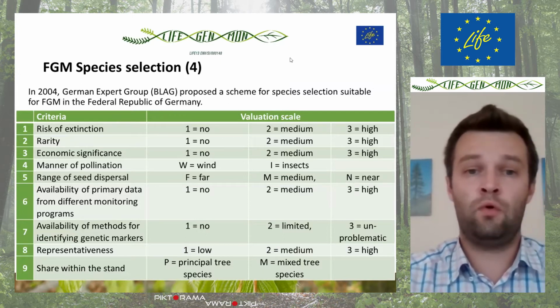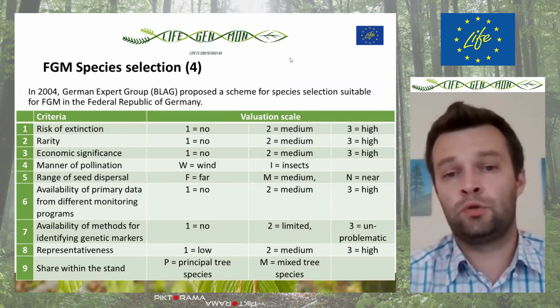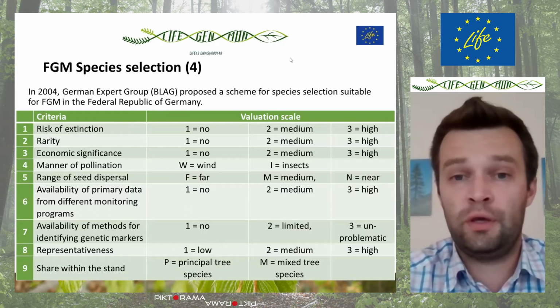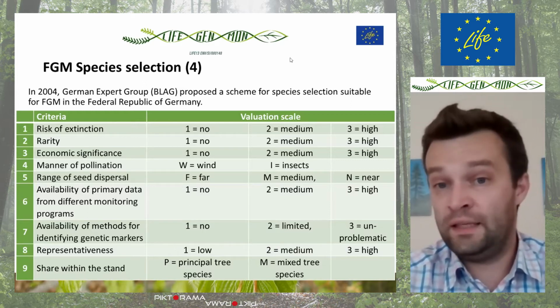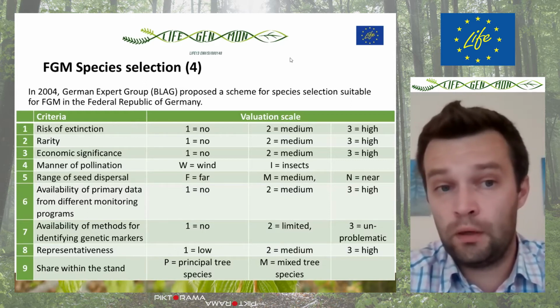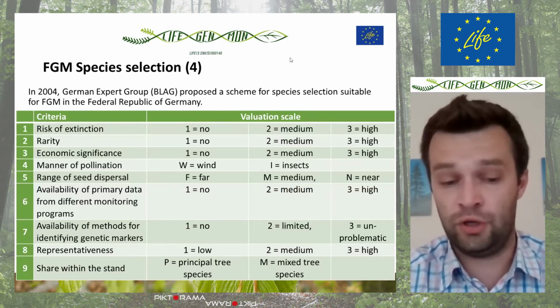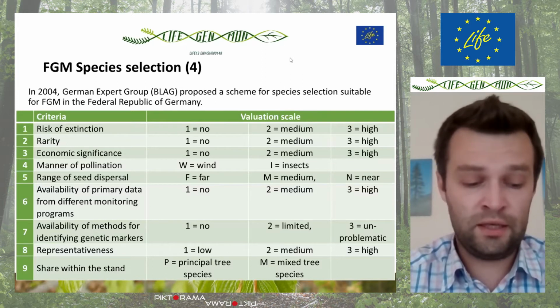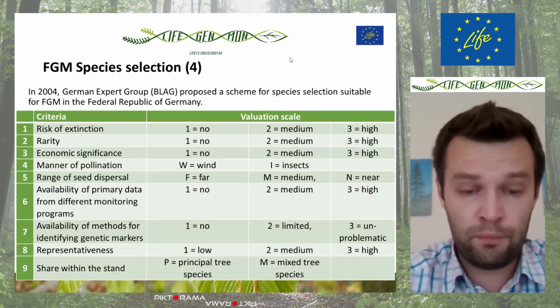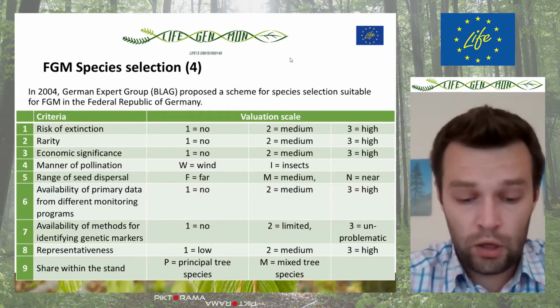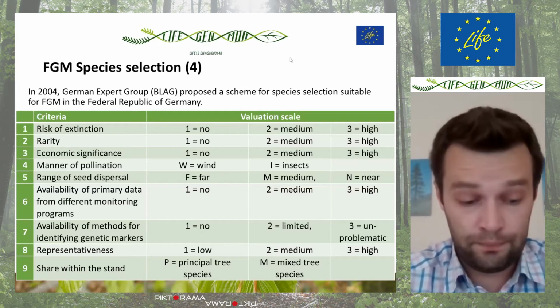So in 2004, a German expert group on forest genetics proposed a scheme for species selection suitable for forest genetic monitoring in the Federal Republic of Germany. This scheme is based on 9 criteria for prioritization of species together with an evaluation scale.